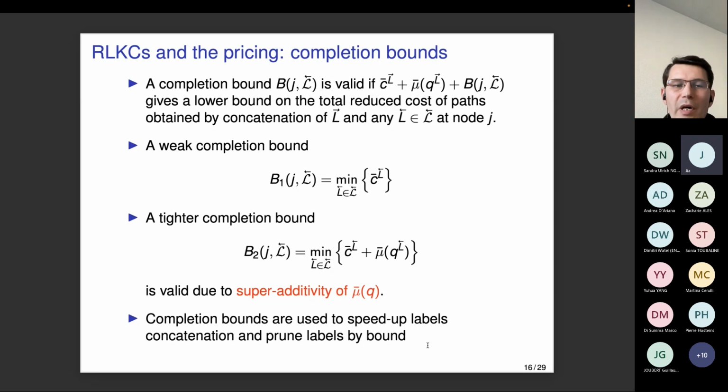And if it's not compatible, it means that the bound says the least cost of the full path would be larger than the best path we have so far, so we can just skip the concatenation step with all this bunch of backward labels. And here, in short, the super additivity property of this function mu bar will allow us to have tighter completion bounds, and this tighter completion bounds will allow us to speed up the concatenation step of the labeling algorithm even more.